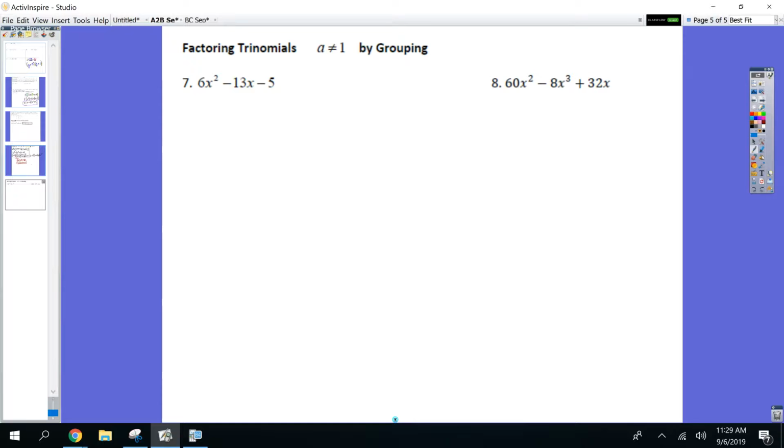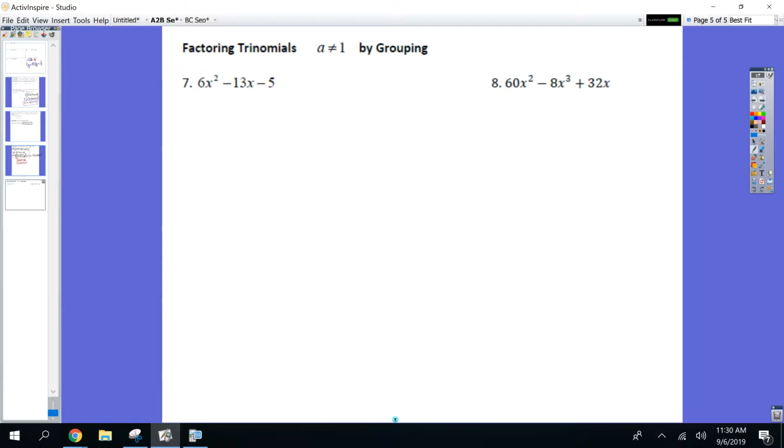And I'm still saying by grouping. You're like, whoa, whoa, whoa, whoa. How many terms did I need to group? How am I expected to do this with only 3? We are going to turn it into 4 terms. Okay, we are going to turn this 3-term trinomial into 4 terms. Everyone ready? Or anybody remember how?